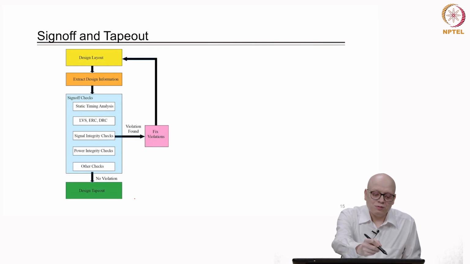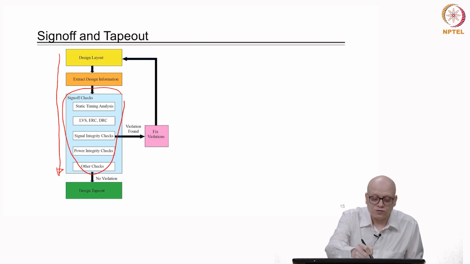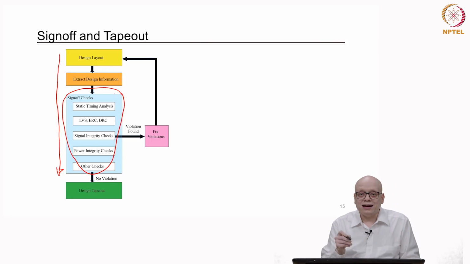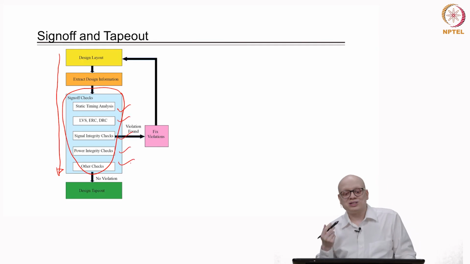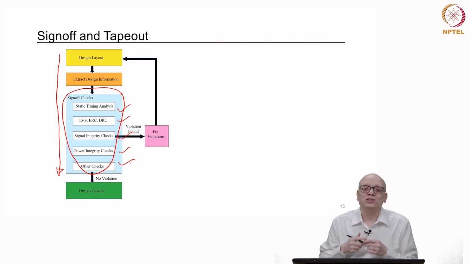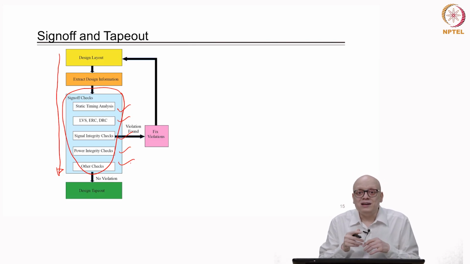So, we will carry out this sign off verification task. Here a list of tasks is shown, right, but do not take it that these tasks need to be done in a sequential manner. Typically when we go to the sign off stage, we are very close to the deadline of completing our project or doing a tape out, right.